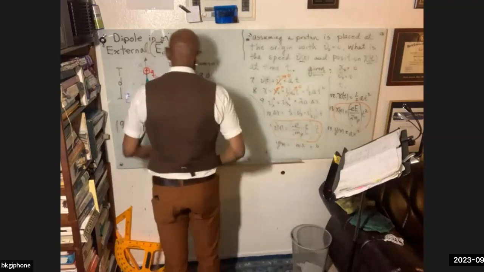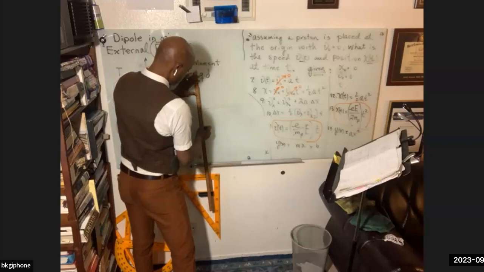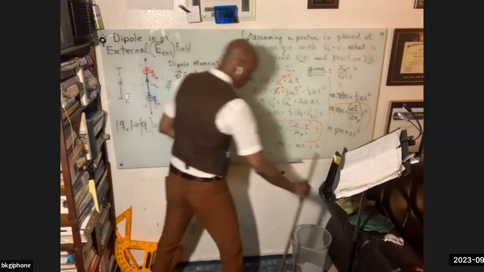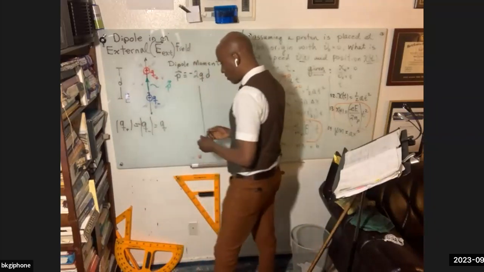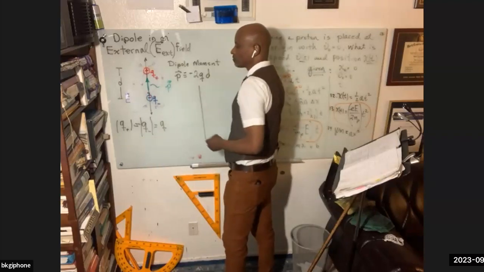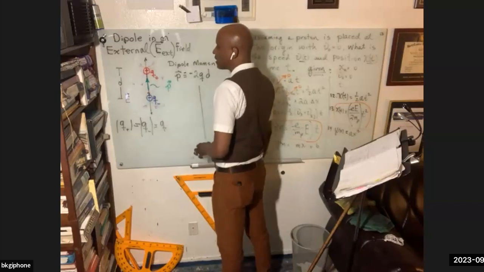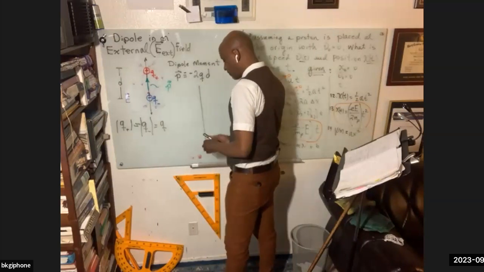We can deal only with the dipole moment. It's an easier, more practical situation to deal with. We can think of pinning the dipole. So even though the charges are not pinned to their position, the dipole is pinned.